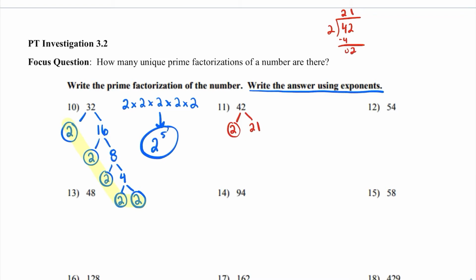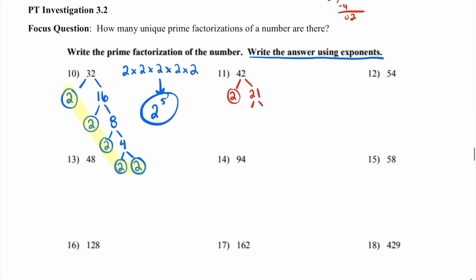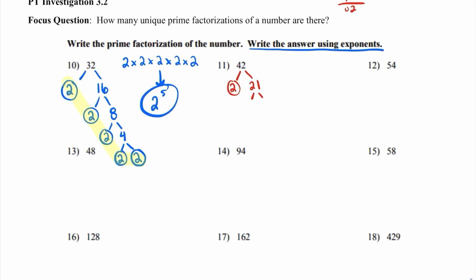Now, remember, is 21 composite? Does it have factors other than 1 and itself? Yes, it does. So I'm going to draw 2 branches. Now remember, the branch on the left is going to be the smallest prime number that goes into 21. Okay, so I would start from 1.